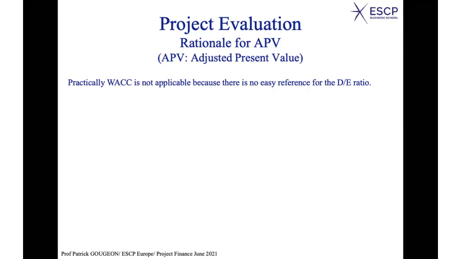Why? Because it refers to the debt equity ratio. You need to have a debt equity ratio to know the weight of each source of funds. And it's based, as I said, on the idea that you have two sources of funds, basically, equity on one side and debt on the other side. You probably have heard already with some of my colleagues in certain courses that you have many types of debt instruments today.